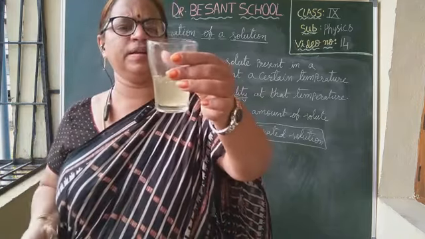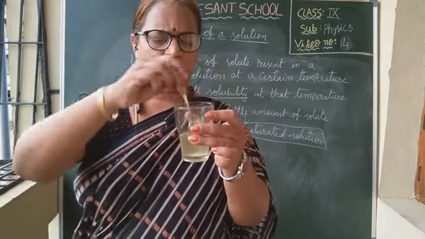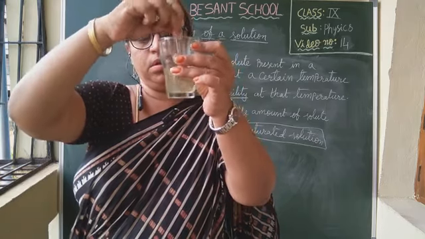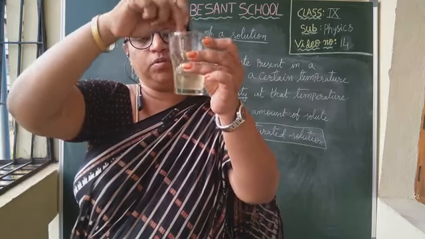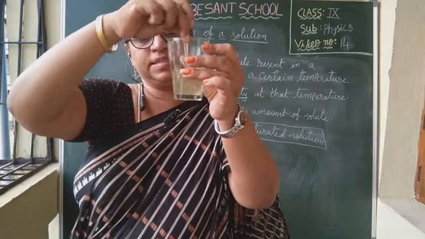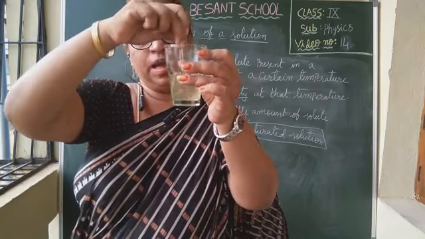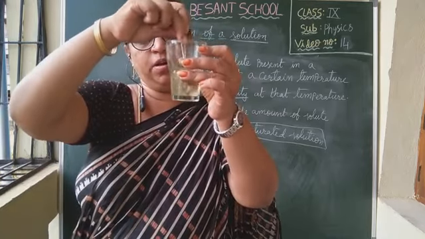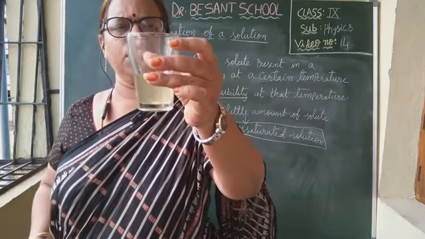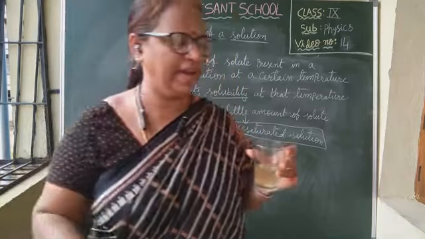But see, the sugar particles are getting dissolved. So 3 spoons I added up to now. All the 3 spoons got dissolved, isn't it? That is the solubility of this amount of water, this 50 ml of water.